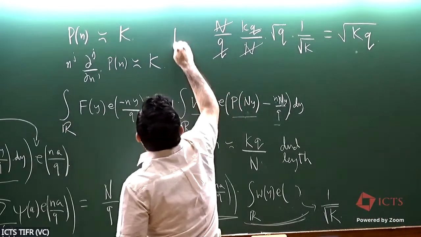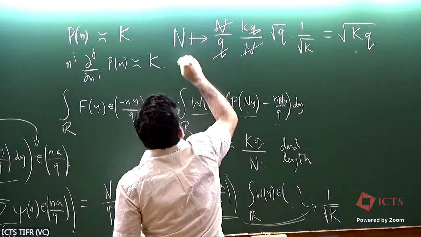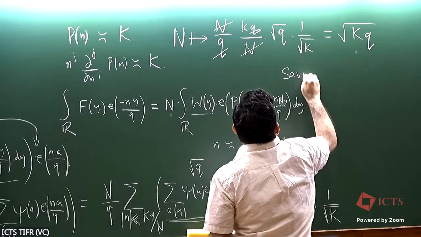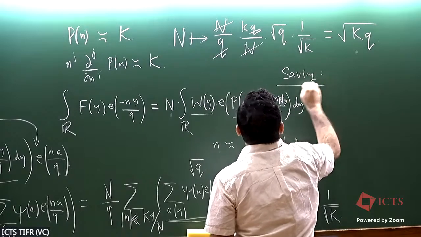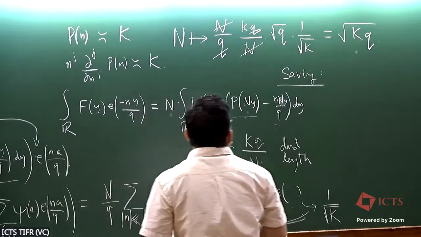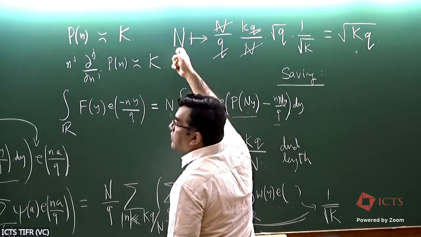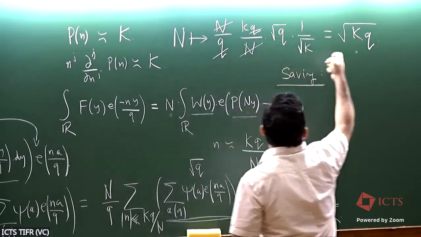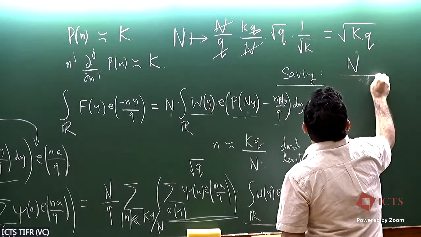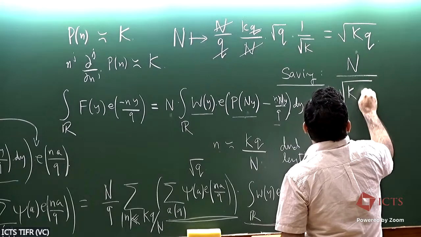So this is something that I call saving. So how much have I saved by applying the Poisson summation formula? By applying the Poisson summation formula, my trivial bound from n has become square root of k square root of q. So my saving is n by square root of k square root of q.